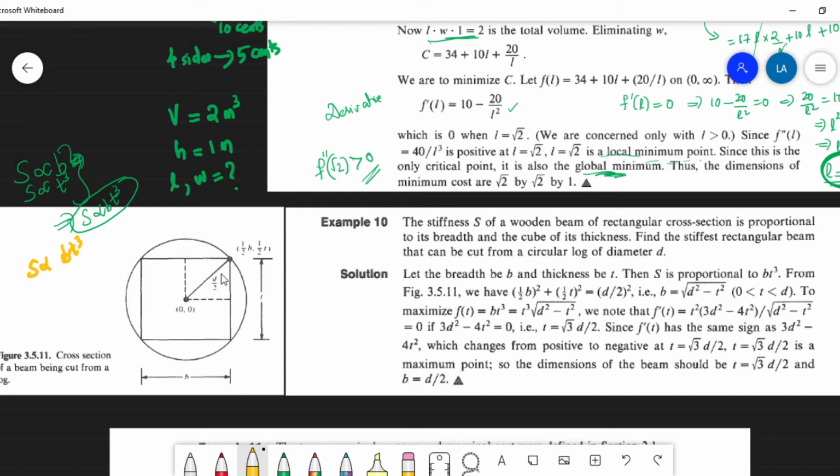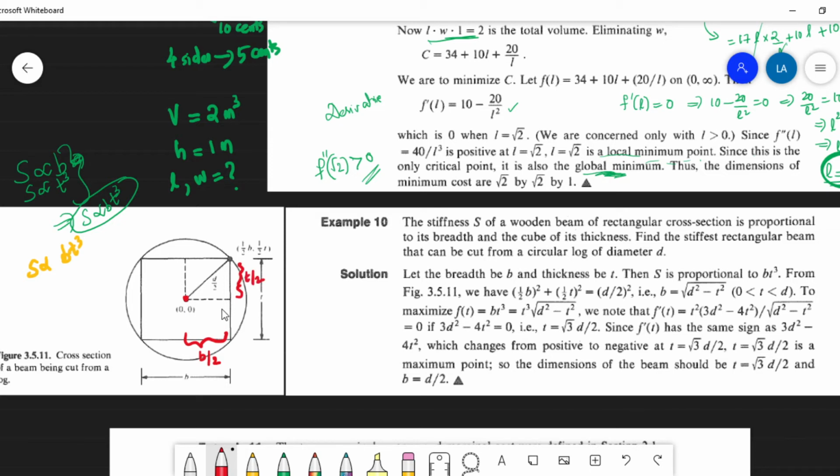If we are giving 0, 0 to the center of this circle, this much part will definitely be b by 2, right? Because this much part is b, you have this much part to be b by 2, and since this much part is t, you will have this much part to be t by 2, right?